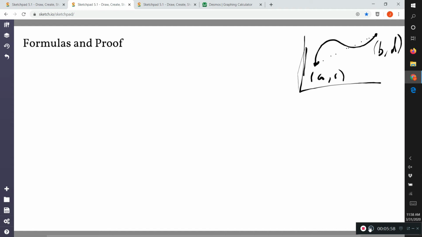But let's start there. A long time ago, we learned the distance formula. Distance equals the square root of x2 minus x1 squared plus the quantity y2 minus y1 squared.